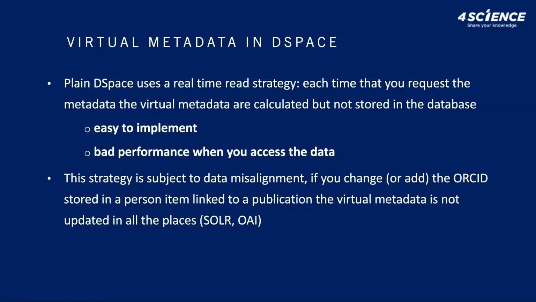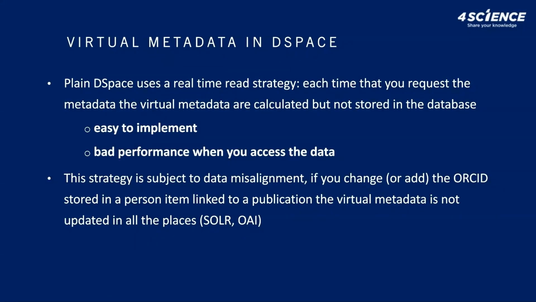This means that when you index the item in Solr, this information is retrieved from the database and stored in Solr or in the DOI core. This is the easier approach to implement, but it has bad performance when you access the data, because each time that you need to get this data, you need to follow all the queries into the database.